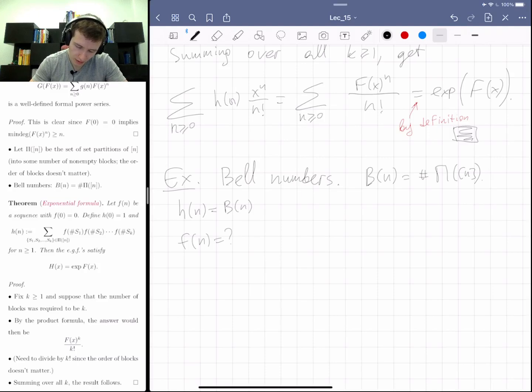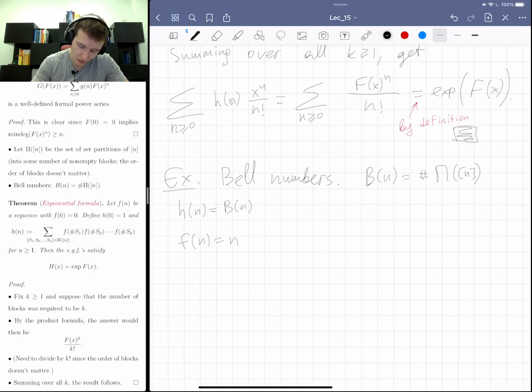Then I would be multiplying. That's actually an interesting sequence, but I don't think it's quite correct, because you would get the sum over all partitions, and each partition would have a weight which is the product of the sizes of blocks. It's interesting, I wonder what the answer would be.